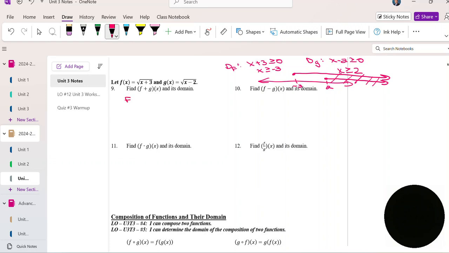So when we add them, now remember, you cannot add or subtract under the radical. So it just stays like this, and therefore the domain of f plus g is greater than or equal to 2.